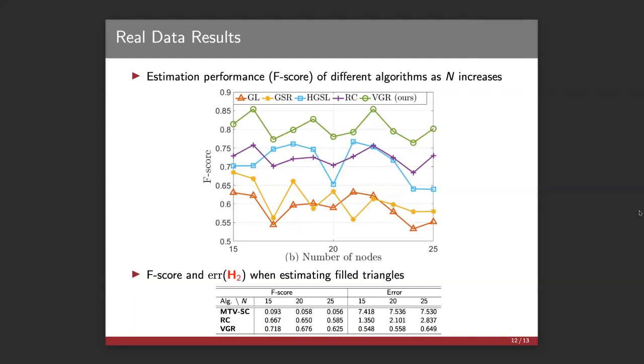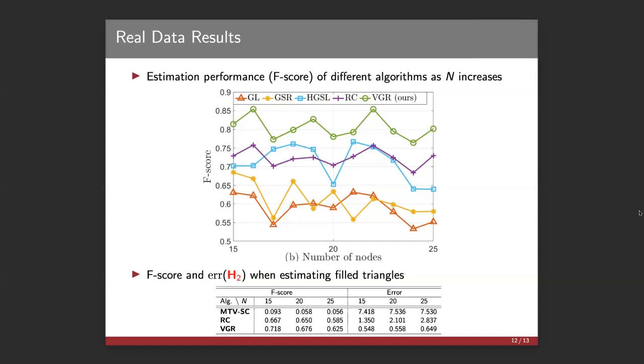Using that information, we measure the F-score for H1. This figure shows the F-score estimation for H1, and in this table we also provide the results in terms of F-score and error for H2. We see that our model models better the structure that we have in this co-authorship dataset.